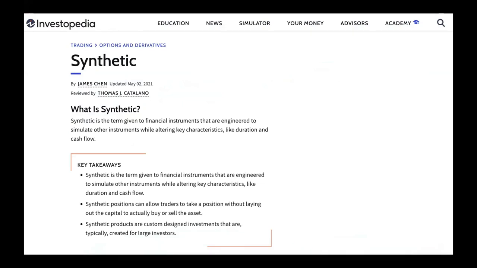So we can say it's a term used for a financial instrument that replicates another financial instrument while not having all the same characteristics of the underlying instrument.